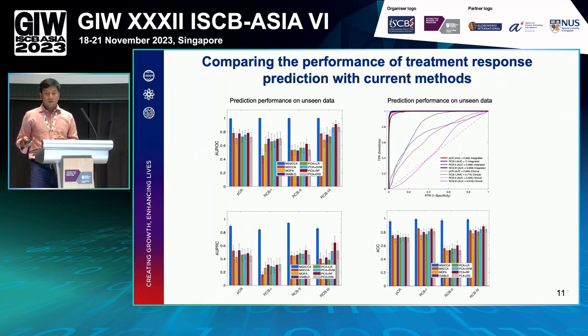Okay, let's see. For comparison, to train our model, we divided the data into 70% for training and 30% for test. Test means data never seen by the model, kept separate. For comparison, I consider 3 measures: AUC under the ROC curve, AUC PRC under the precision-recall curve, and ACC.